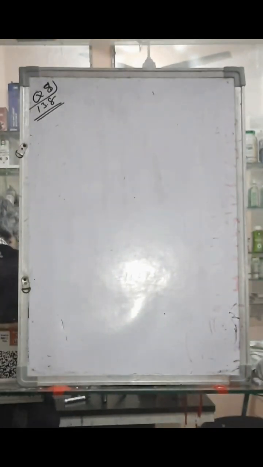If the cost of whitewashing is rupee 2 per square meter, then number 1, find the inside surface area of the dome, and number 2, volume of the air inside the dome.